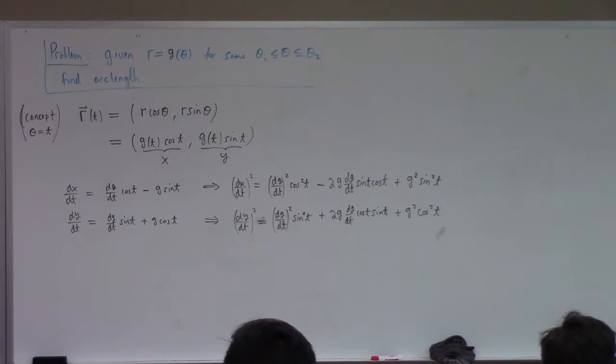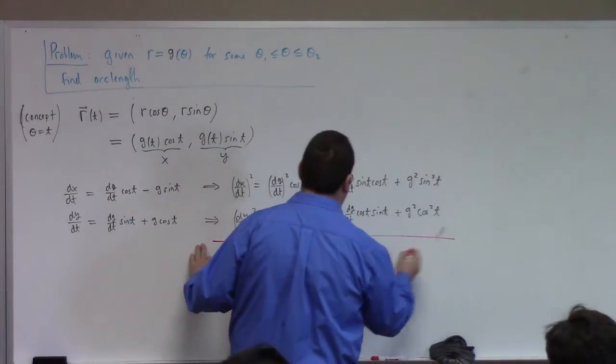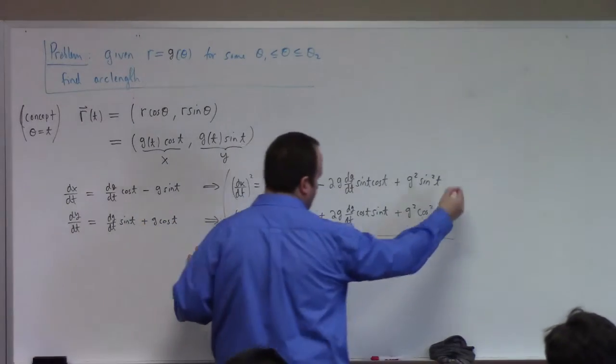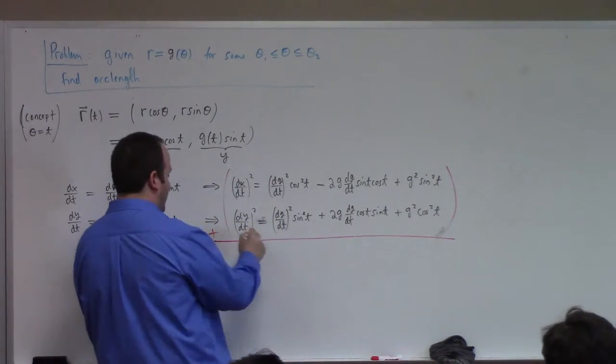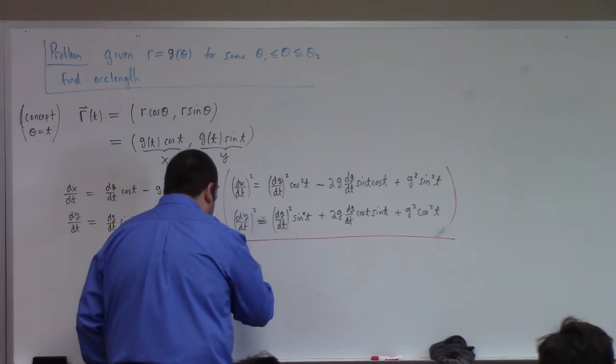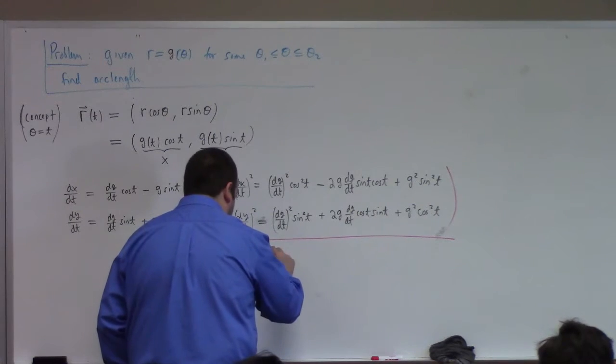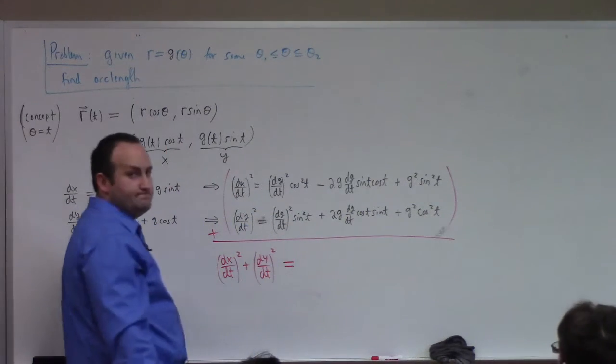Which is fantastic, because that means if we add these, what happens? We get dx/dt squared plus dy/dt squared equals what?